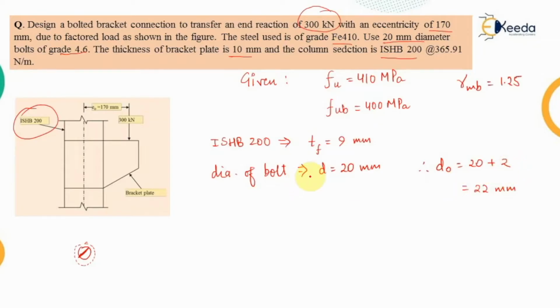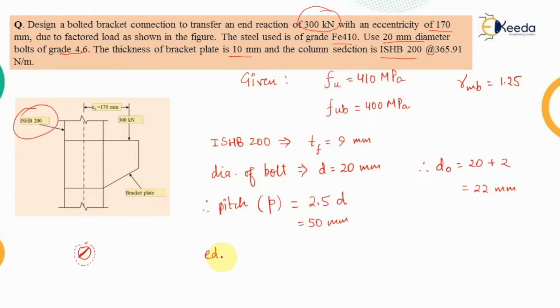Now corresponding to these values, we will find out the suitable pitch and the edge distances, that means the parameters related to the bolt pattern. Therefore the pitch distance, that is represented by small p, is given by 2.5 times the d value. Now 2.5 d means 2.5 into 20 and that will come out as 50 millimeter. So this is the minimum pitch value obtained from the calculation as 50 millimeter.